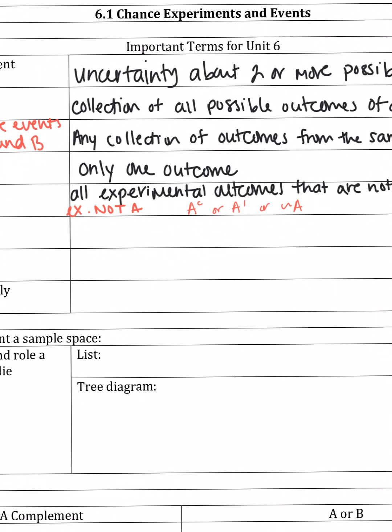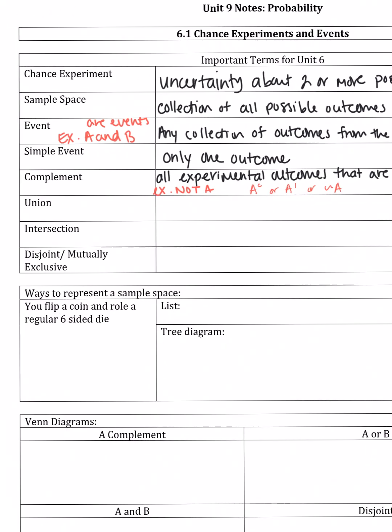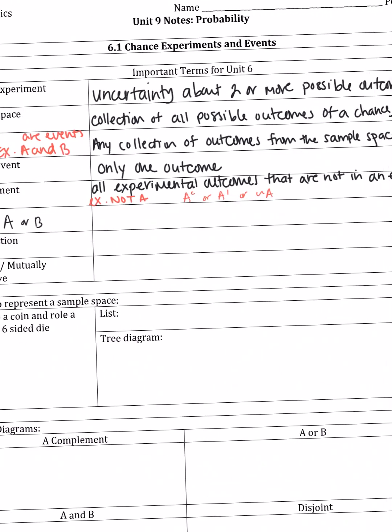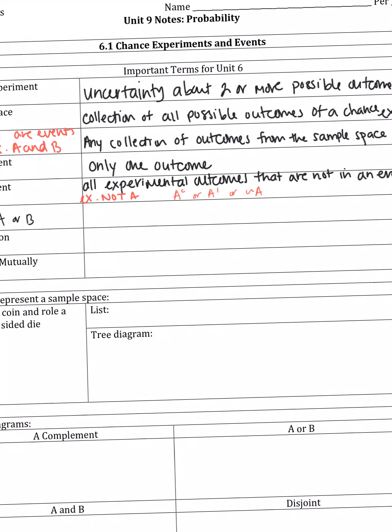All right, let's talk about the next one. That's union. Union is our A or B situation. This is all experimental outcomes that are in at least one of the two events.